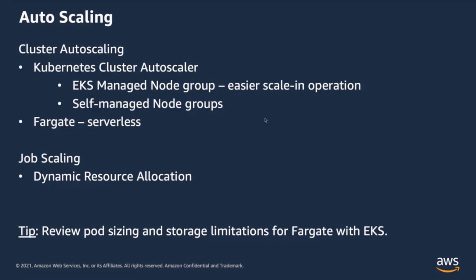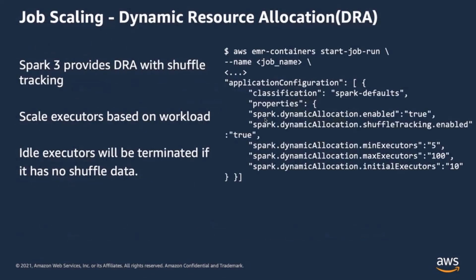With Fargate, we recommend you review the pod sizing and storage limitations to see if your workload fits within those so that you can leverage Fargate. So this is an example of dynamic resource allocation, which is used to scale within the job scope. When you run your job, you can enable this at a job level. So if you have 10 jobs, you can enable this for only those jobs that need it.